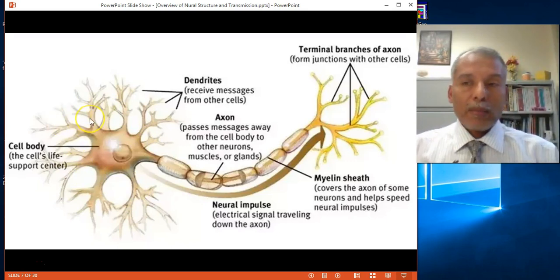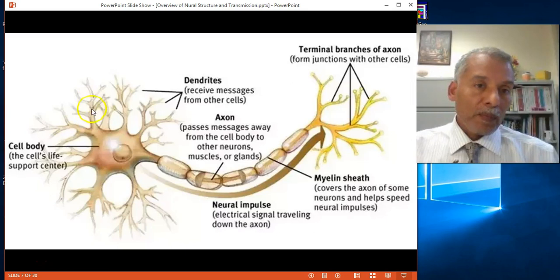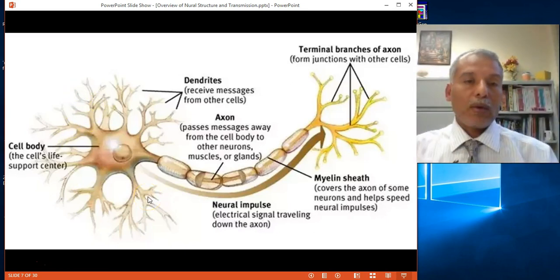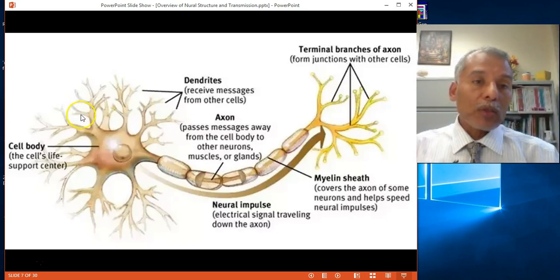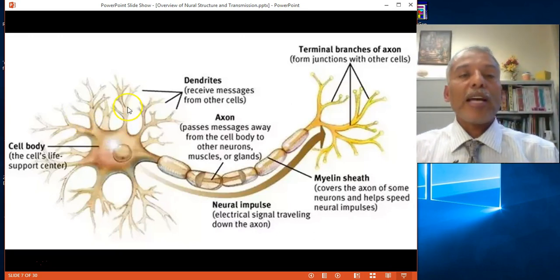On the different parts of the body, there are little branches called dendrites. Dendron means tree, and dendrites are basically these little branches. There are hundreds and thousands of them. They go out and branch out. So these are called dendrites.